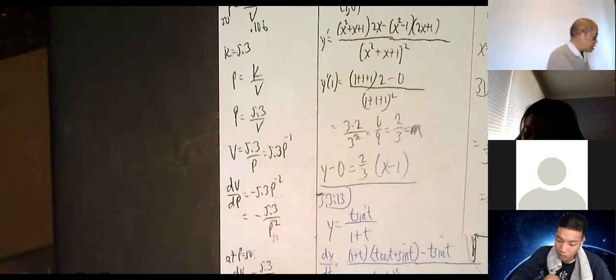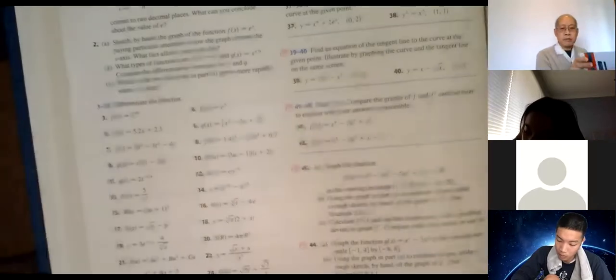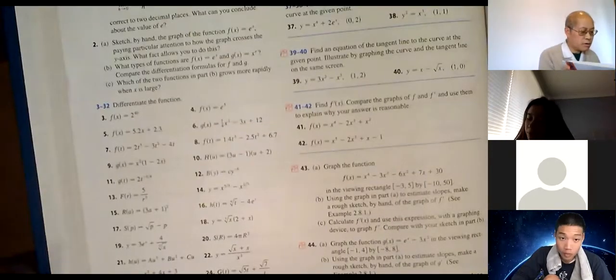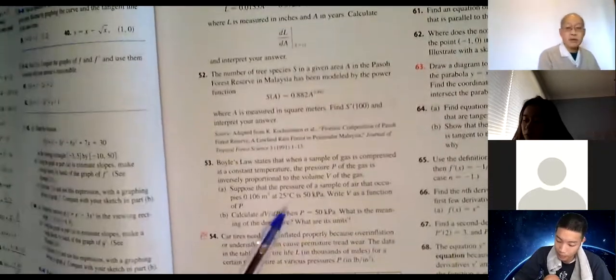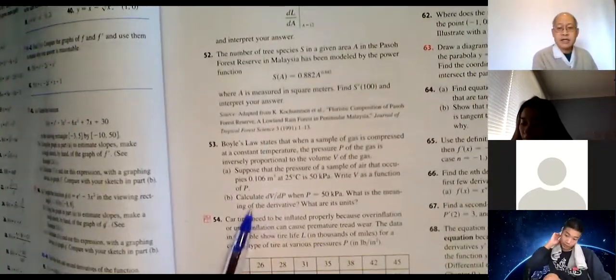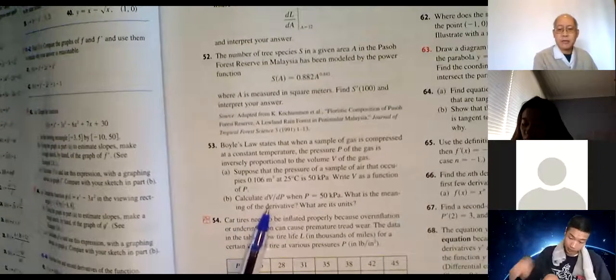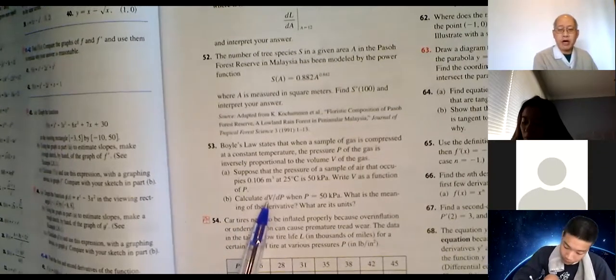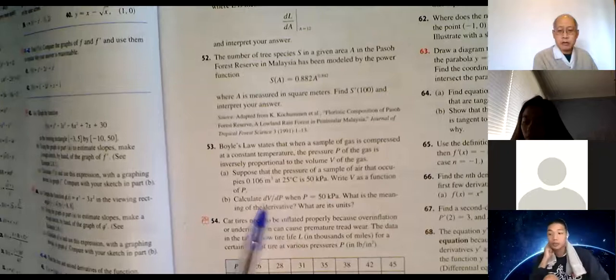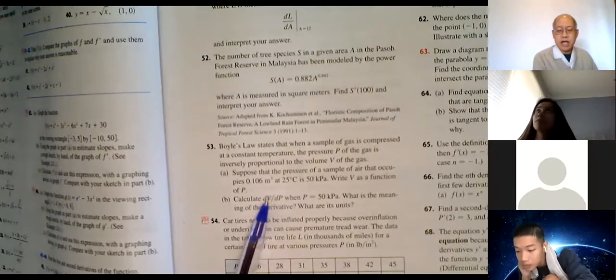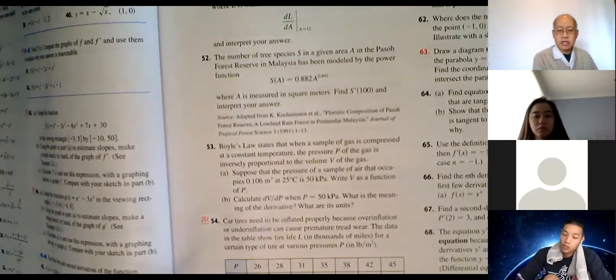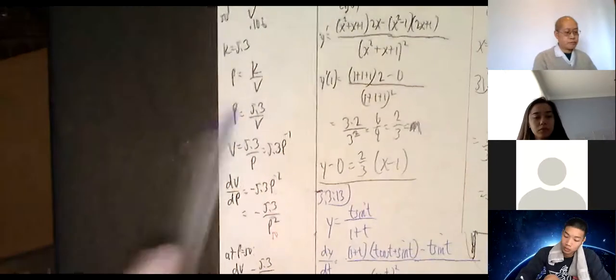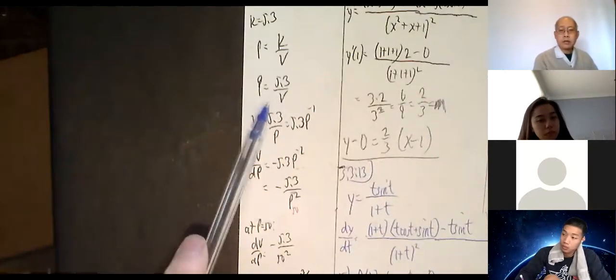Okay, what do I want to do that for? In the problem, it asks for dV/dP, okay, rate of change of volume with respect to pressure. So notice a good thing about the Leibniz notation. You know right away it's volume. How does it change as pressure changes? So I need to solve for V. Okay.